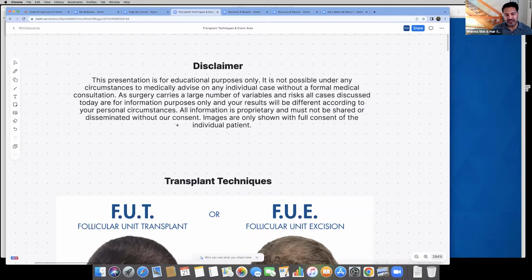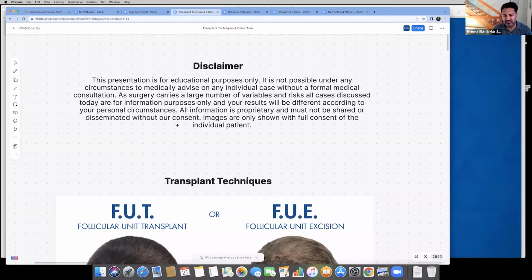All cases discussed today are for information purposes only, and it's very important to realize that results will be different according to personal circumstances. All information is proprietary and must not be shared or disseminated without our consent. And the images that you will be shown today have been shown with the full consent of the individual patient.